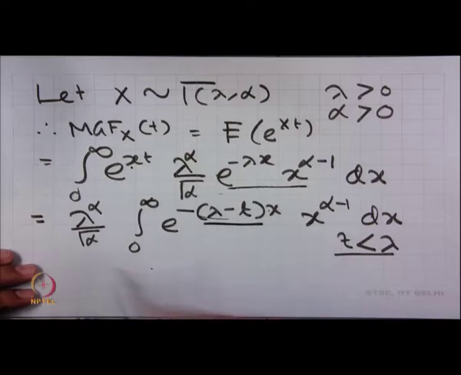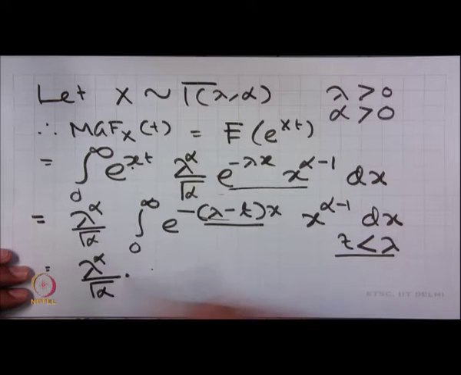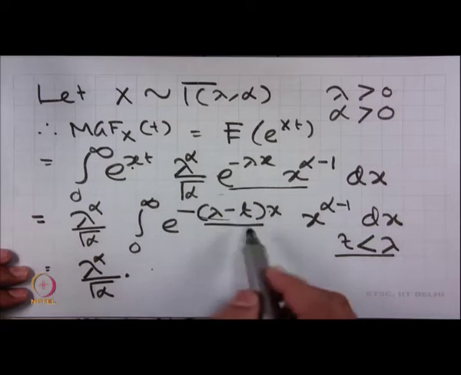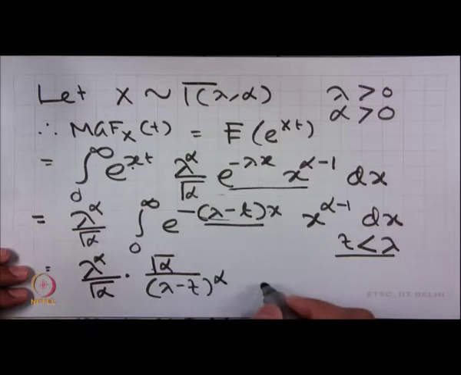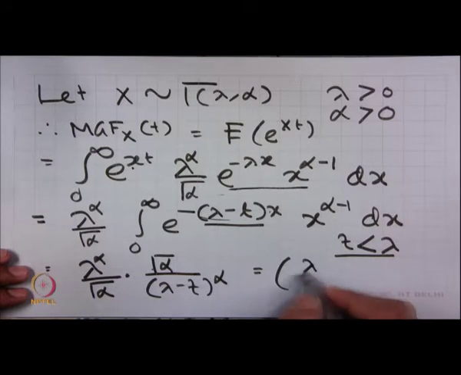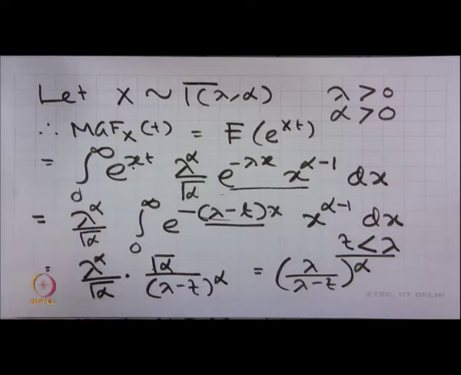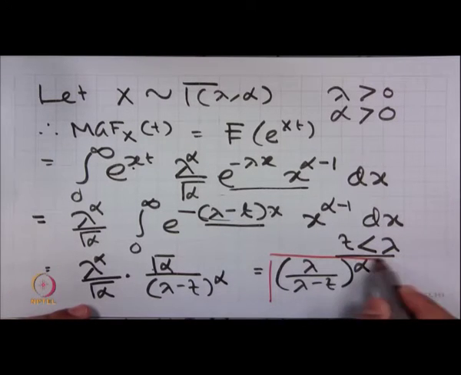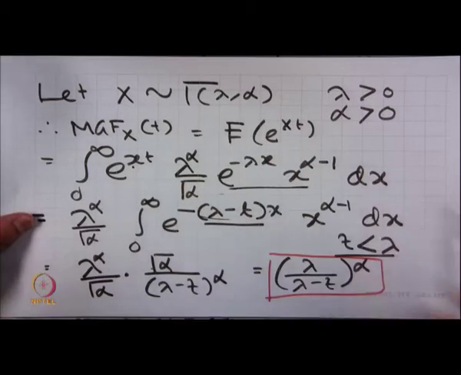Therefore, by comparing, instead of Gamma(alpha) upon lambda^alpha, it is going to be Gamma(alpha) upon (lambda minus t)^alpha, which says that the MGF is equal to (lambda upon lambda minus t)^alpha. So, this is the moment generating function for gamma(lambda, alpha).